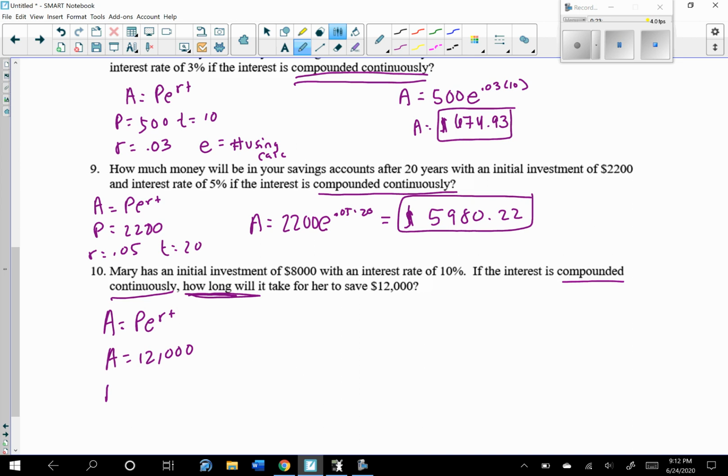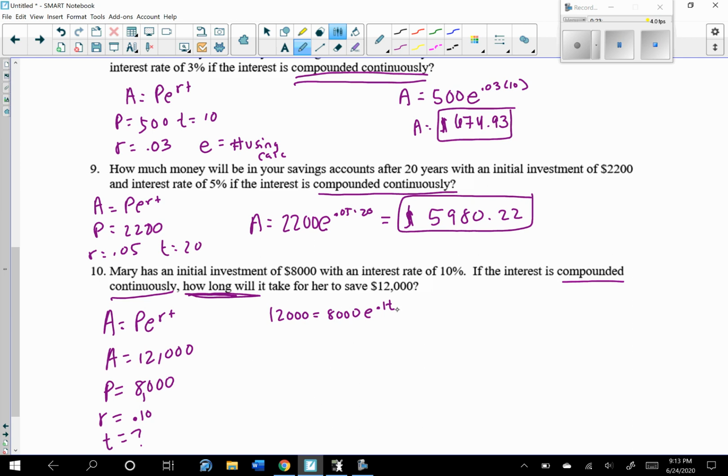The initial investment P is equal to 8,000. R is equal to 10%, so 0.10. T is what we're solving for. So 12,000 is equal to 8,000 times e to the 0.1 times t.